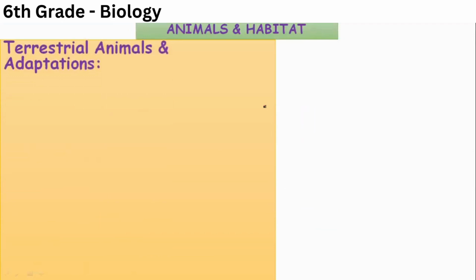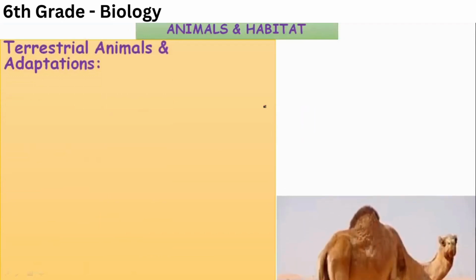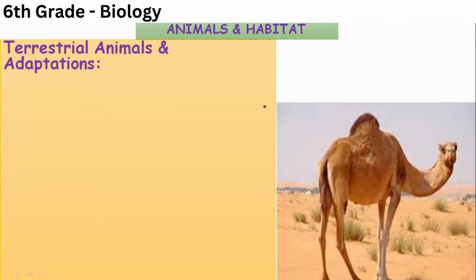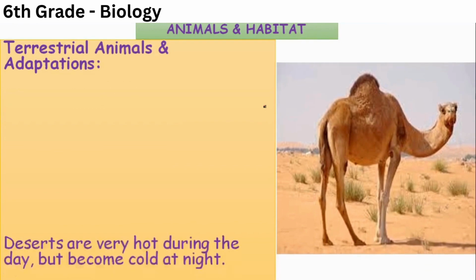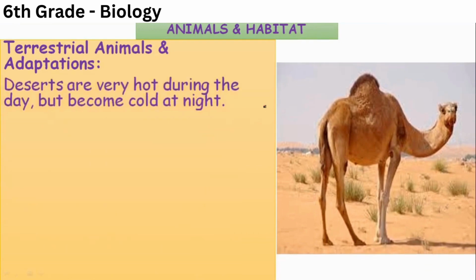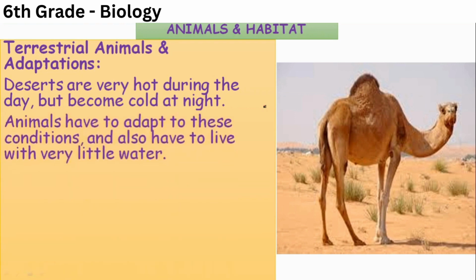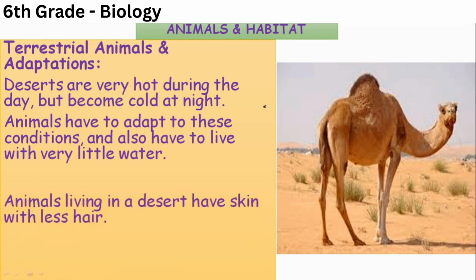Next, desert, opposite conditions. Deserts are very hot during the day but become cold at night. Animals have to adapt to these conditions and also have to live with very little water, because there is a scarcity of water in the desert.